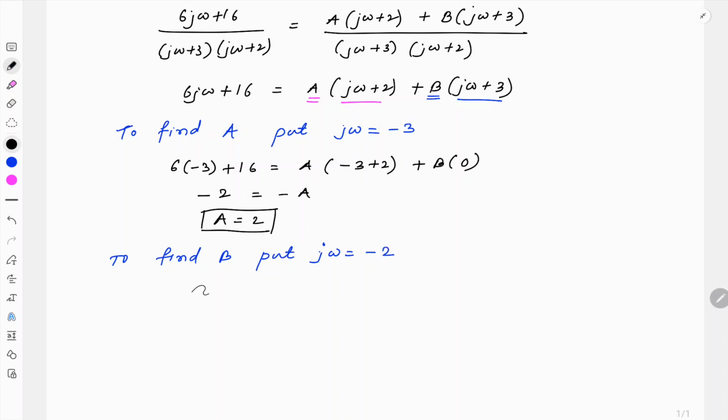So we get 6 into minus 2 plus 16 is equal to A into 0, so minus 2 plus 2 becomes 0, plus B into (minus 2 plus 3). So 6 times 2 is 12, it is minus 12 plus 16. So it is 4 is equal to 3 minus 2, which is B. So we get B equal to 4.